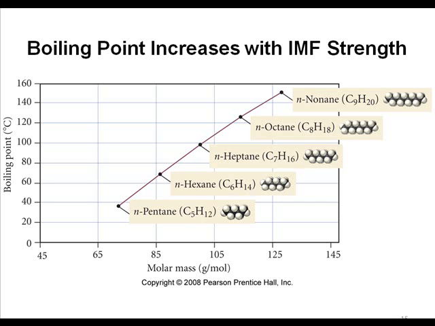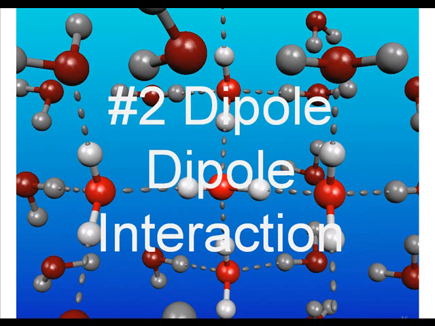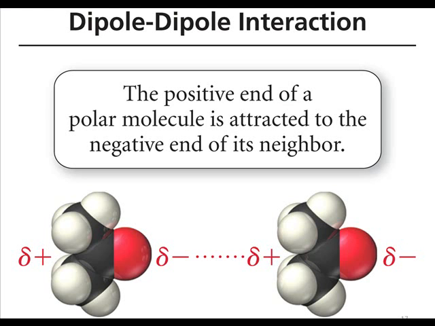So the increased size creates an increased IMF, which is the intermolecular forces that hold the molecules together. Now, there's a second kind of attraction, which is the dipole interaction. In a dipole to dipole, the molecule is permanently polarized.